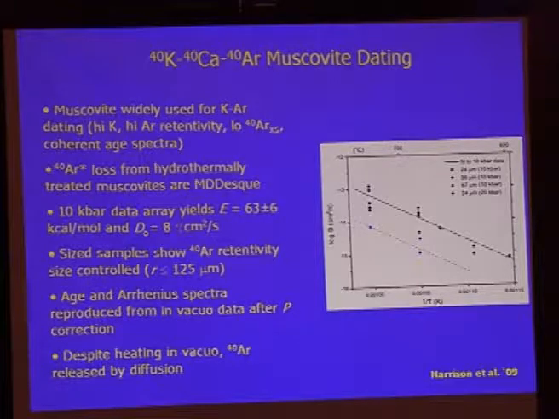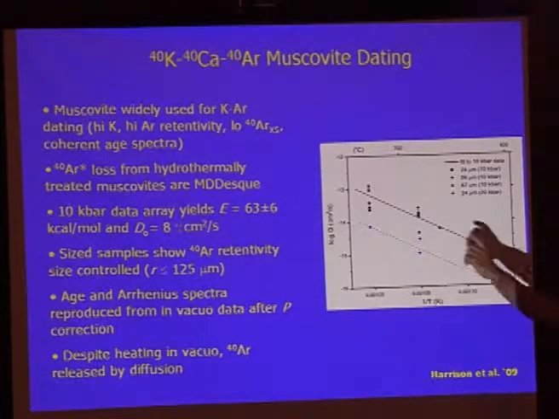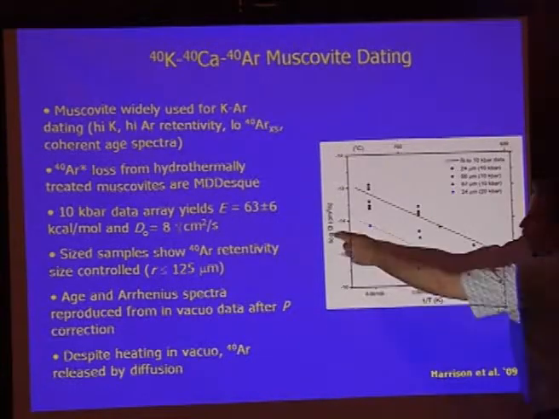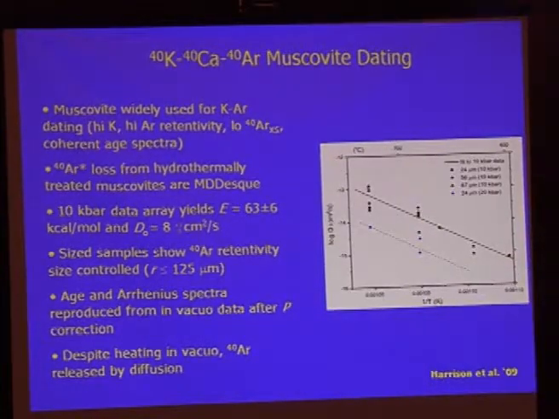Okay, so we now have an activation energy. And you can see there's an activation volume. Greg also showed you that now that we're going up to 20 kilobars, we have to account for the fact that there's an approximately 15 cubic centimeter per mole activation volume for argon in micas. So, roughly an order of magnitude lower diffusion coefficient per 10 kilobars. Okay, but the typical muscovite in the crust is going to have argon closure at about 5 kilobars.